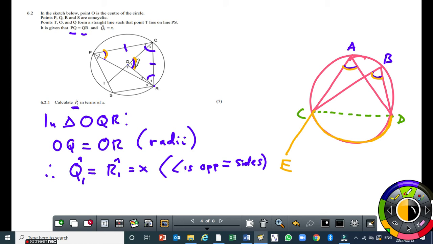Fine. But in my case, I'm going to use triangle OQR. In that triangle, if I add Q1 plus R1 plus O1, you get 180 degrees. The reason: sum of angles in a triangle.